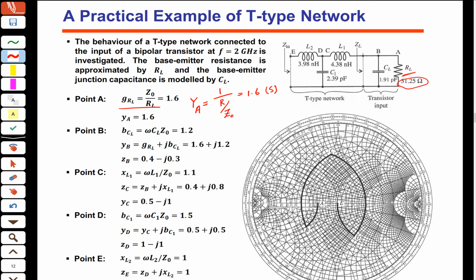Okay. So where is the point 1.6 of admittance? Where is the point 1.6 on admittance? Did you find that?